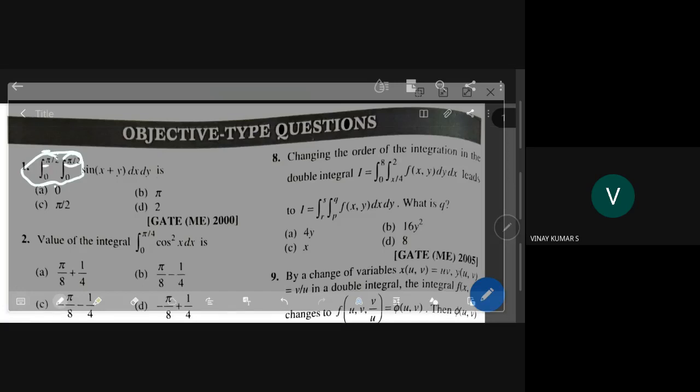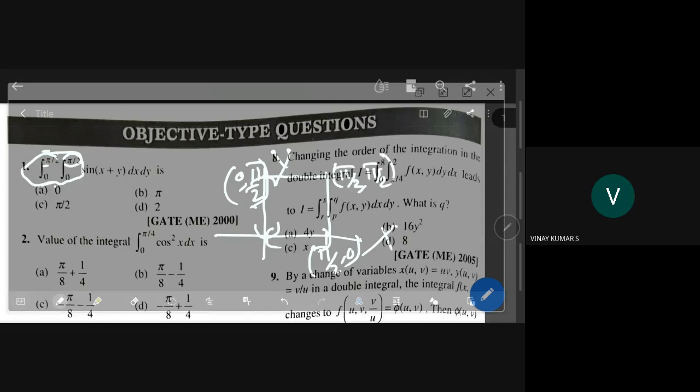You have x here, y here: x is from 0 to pi by 2, and y is from 0 to pi by 2. x is varying from 0 to pi by 2, y is varying from 0 to pi by 2. Naturally, this is pi by 2, pi by 2.